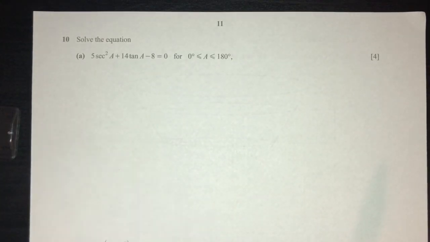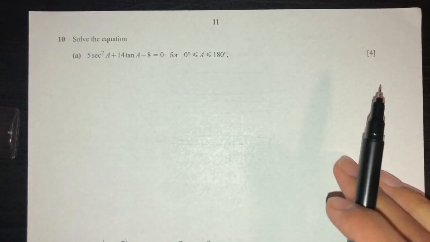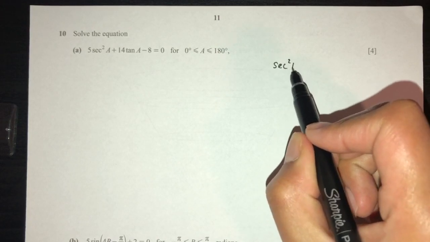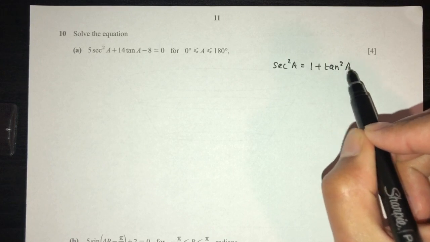So solve this equation. As you can see here, we have sec square a and we have tan. So we have to use this identity that is given to us, this one, to solve this. So let's write this down. We know that sec square a is equal to 1 plus tan square a.